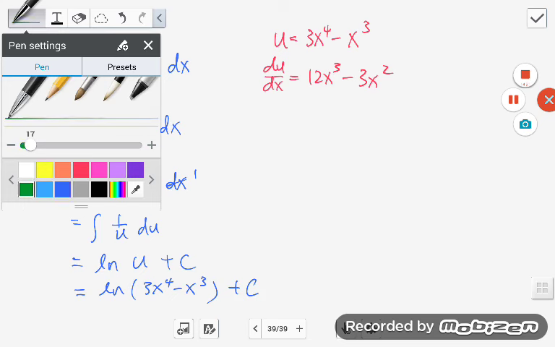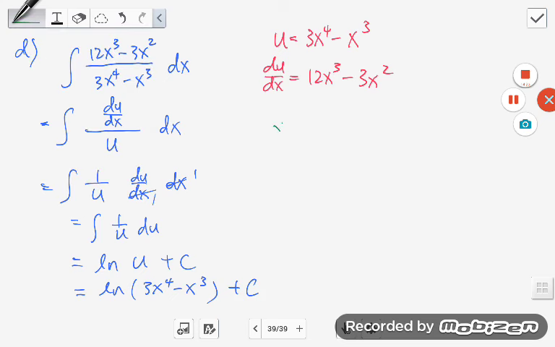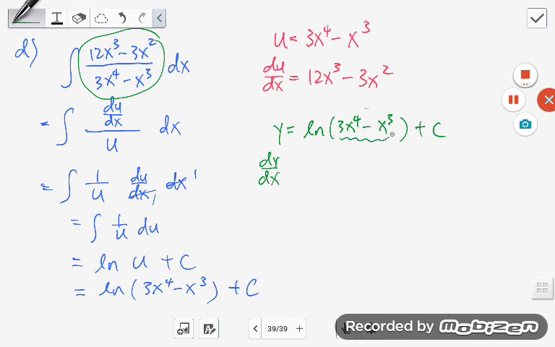Just to make sure that my answer is correct, let's try to differentiate that. If my answer is correct, then when I differentiate this, I should get that ugly chunk. So let's see, dy/dx. Here I have a polynomial inside my natural log function, right? So I'm going to do the outside first. When I differentiate natural log, it is simply 1 over that.